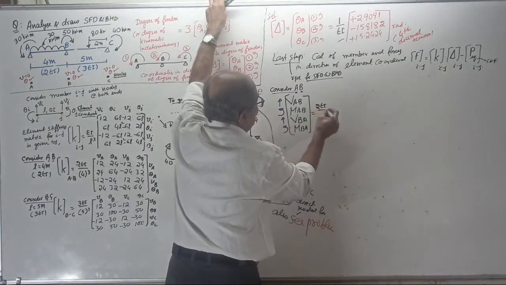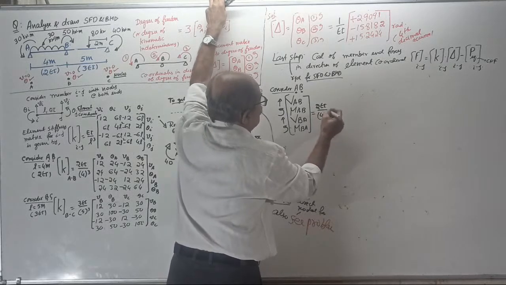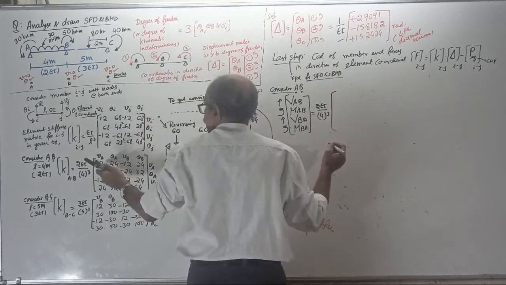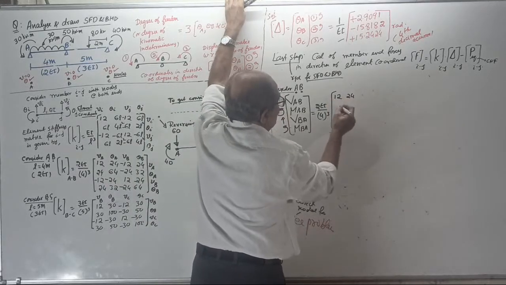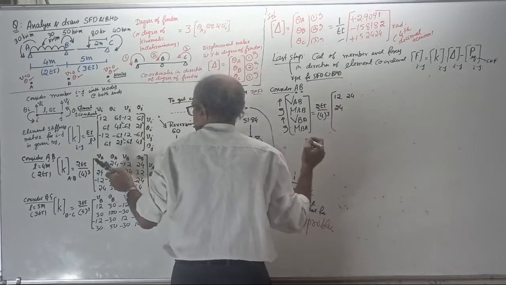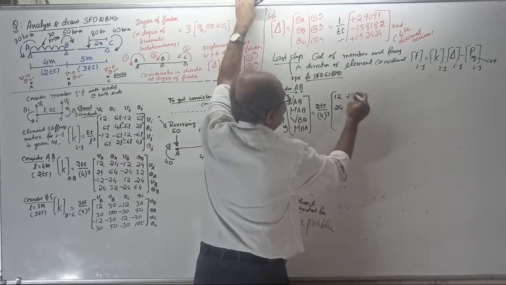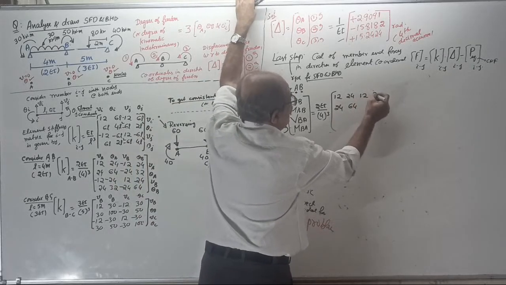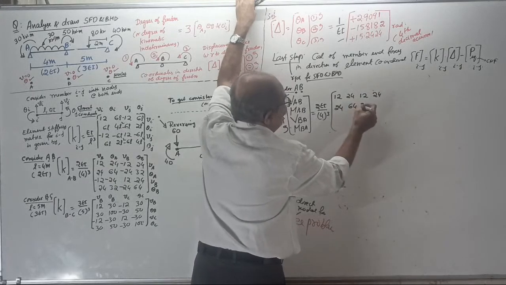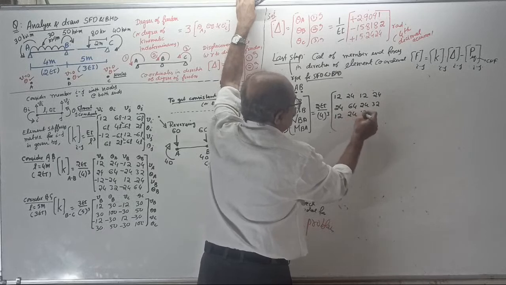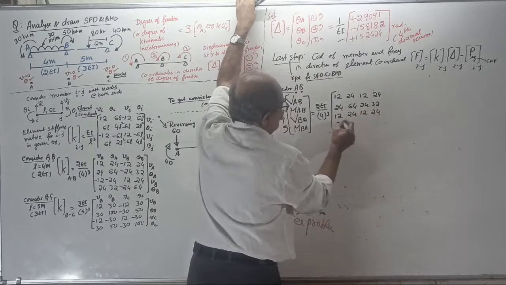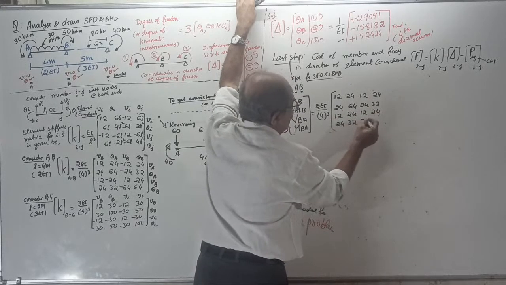2EI by 4 cube times the matrix: 12, 24, 64, 24... 12, 24, 12, 24; 24, 64, 24, 32; 12, 24, 12, 24; 24, 32, 24, 64.